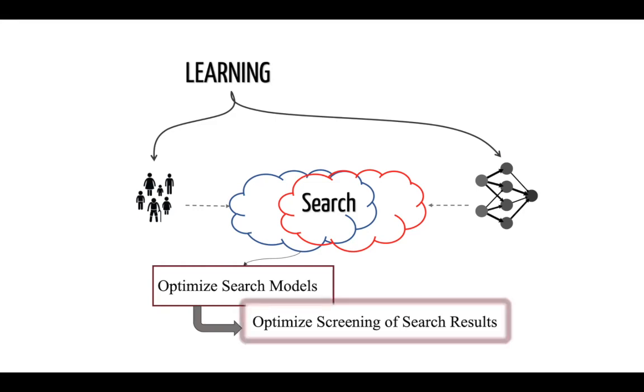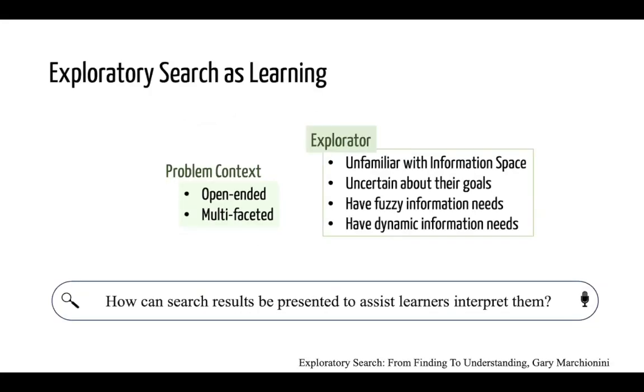So we have a set of search results. I want to see how we can represent these search results to learners to help them in interpreting search results and learning.